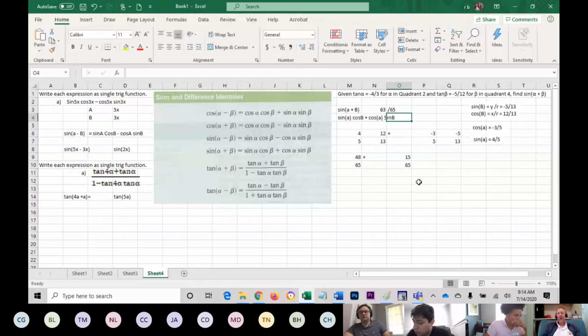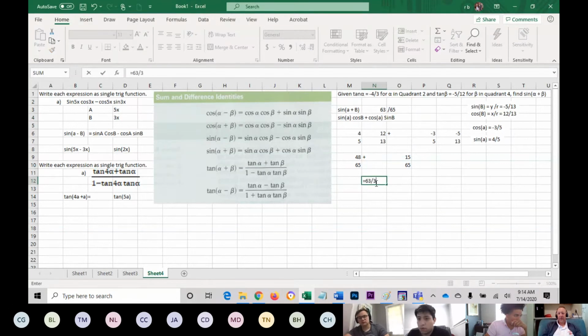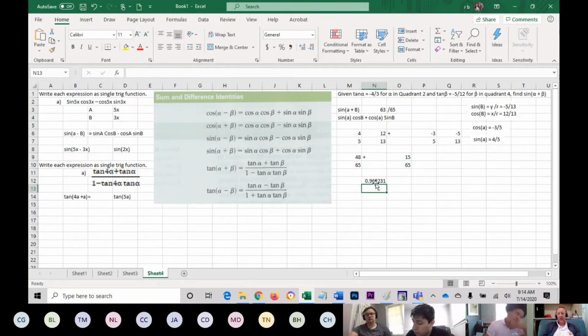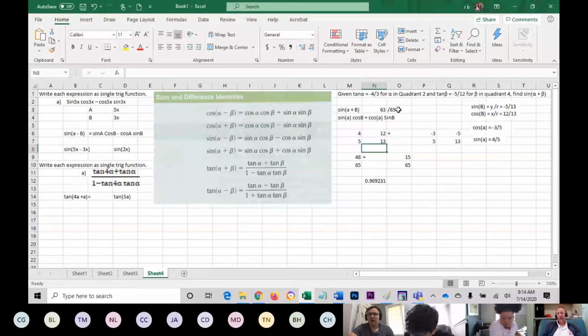So if this were a quiz question, rather than give me the decimal, which is whatever it is, 63 divided by 65, I would rather you gave me 63/65 rather than 0.969. Does that make sense? Okay. That was a good one.